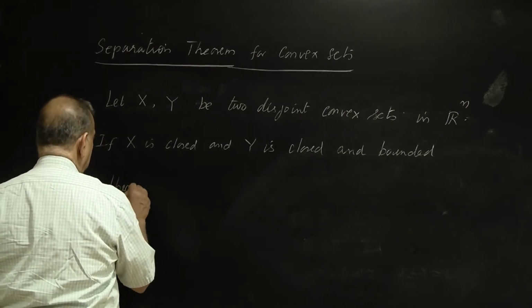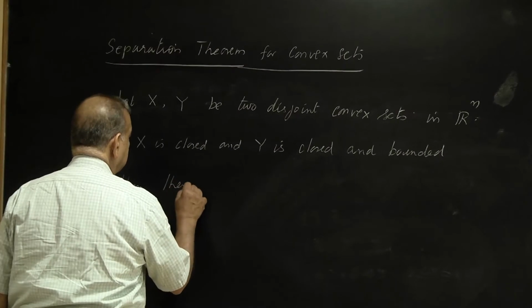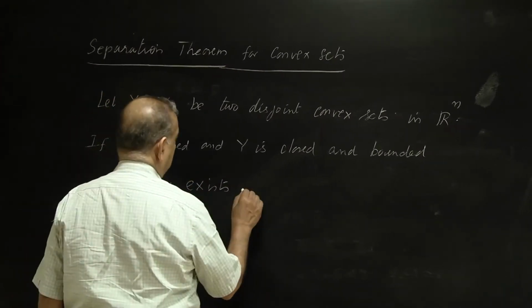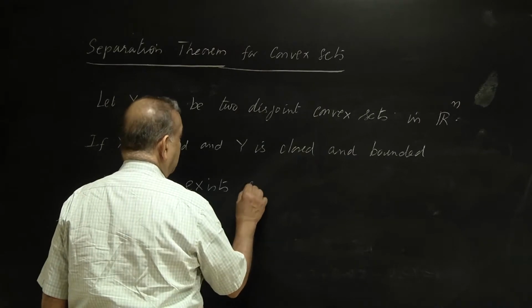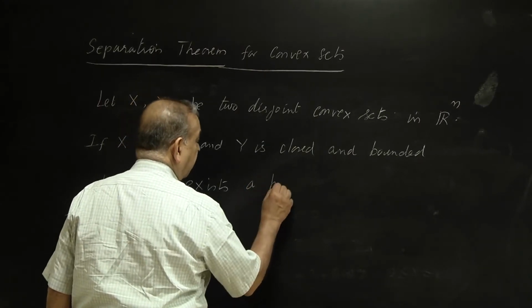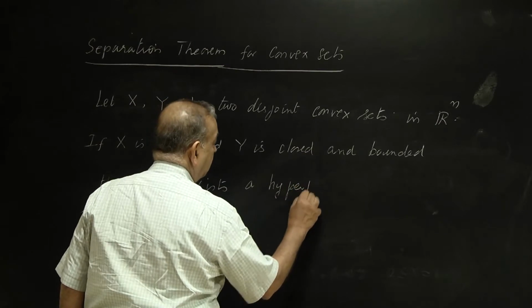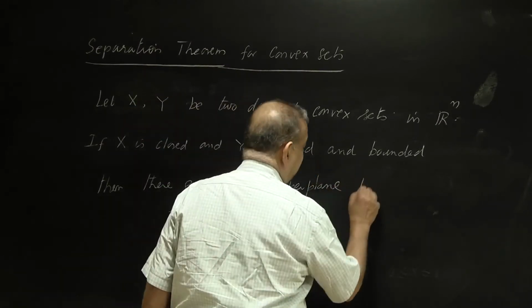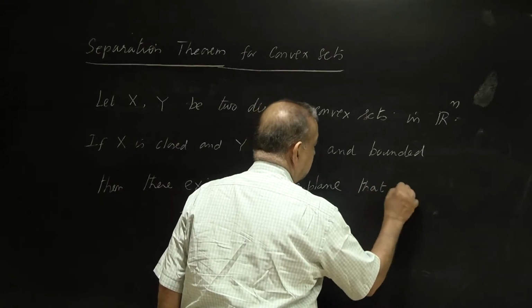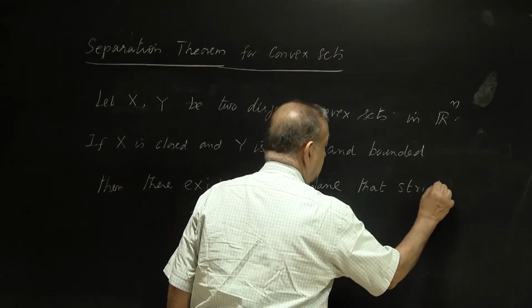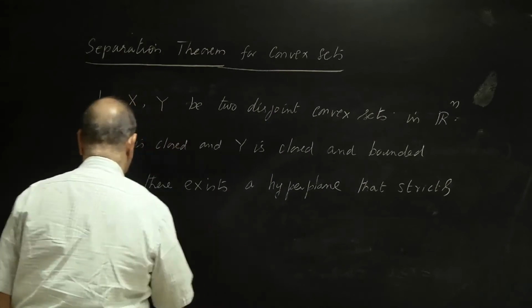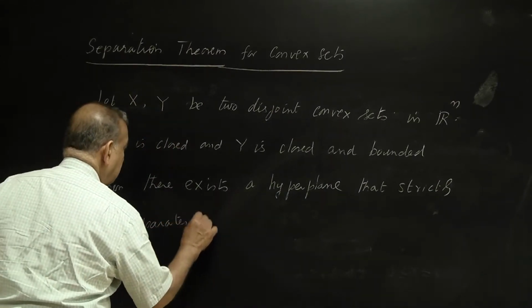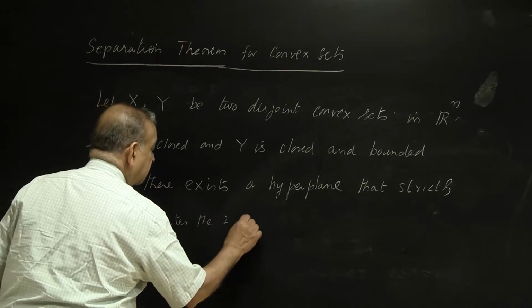Then there exists a hyperplane that strictly separates the two convex sets.